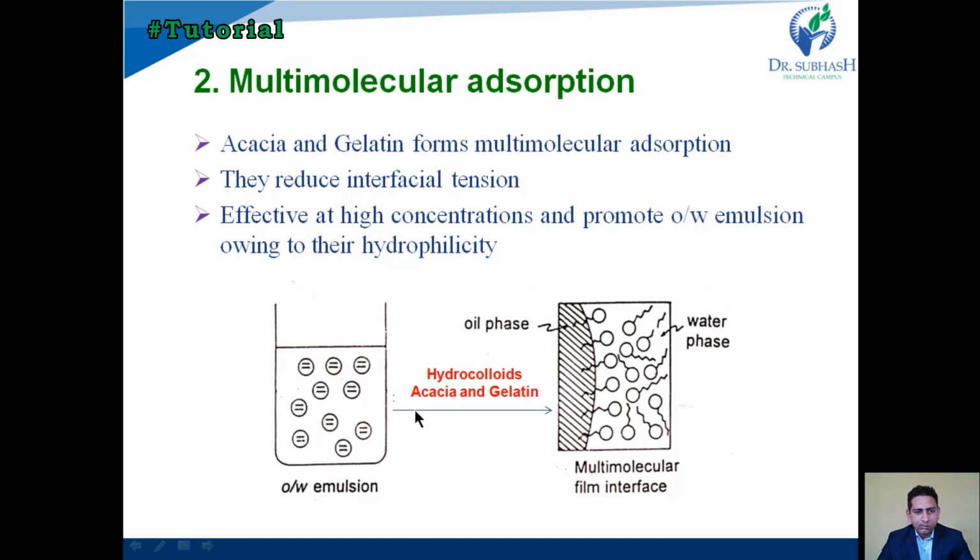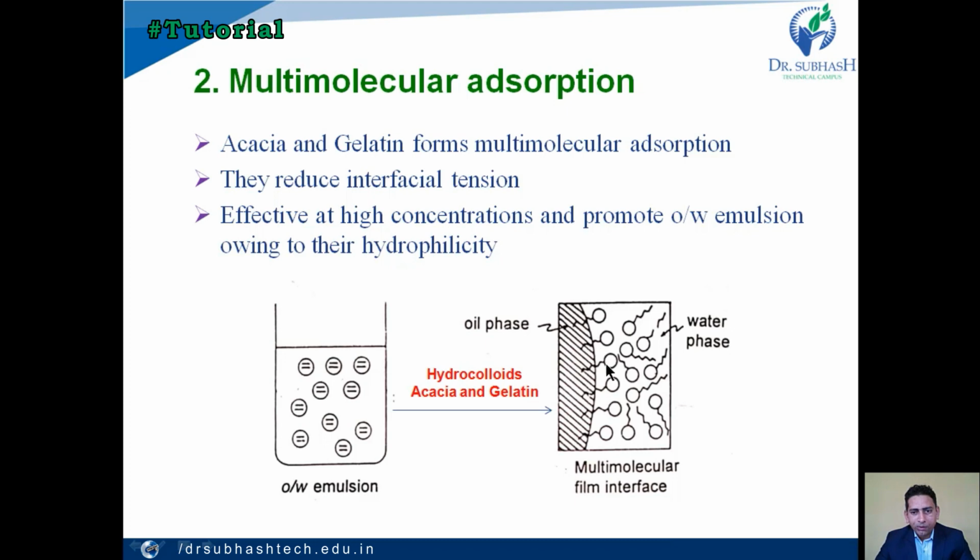In the figure you can see an oil in water emulsion, in which we are adding hydrocolloids, for example acacia and gelatin. In the next picture, one is the oil phase and the other is the aqueous phase, and in between these two phases a multimolecular film of acacia and gelatin will be formed.